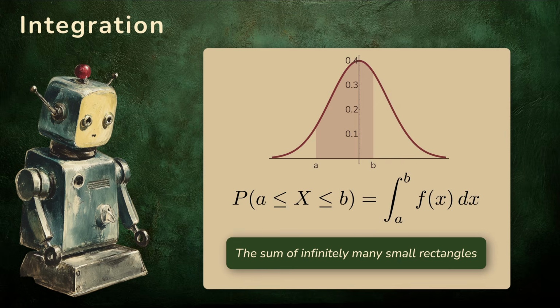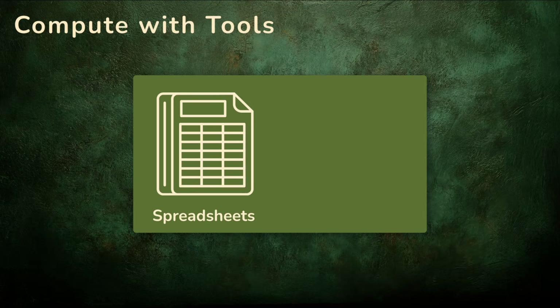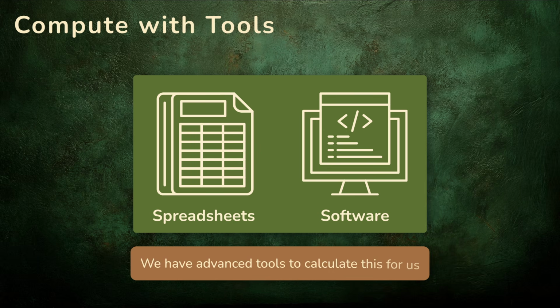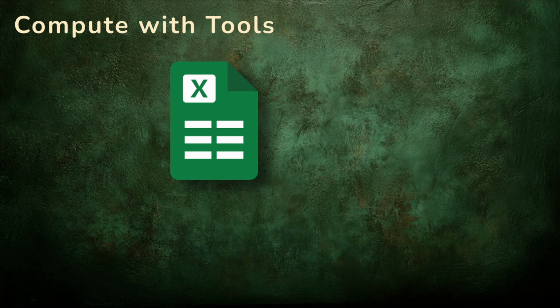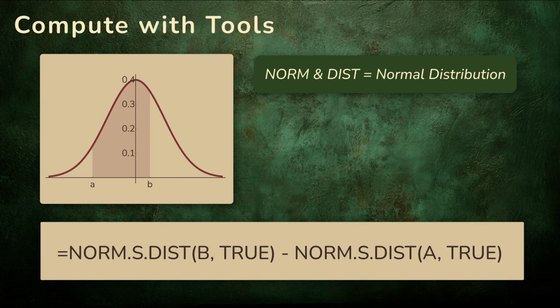Even if you do not know calculus yet, you can use spreadsheets or software to calculate these areas, which, don't forget, is the probability of getting a random number in this range. For both Microsoft Excel and Google Sheets, the formula is this. NORM.DIST is there because this is a normal distribution.